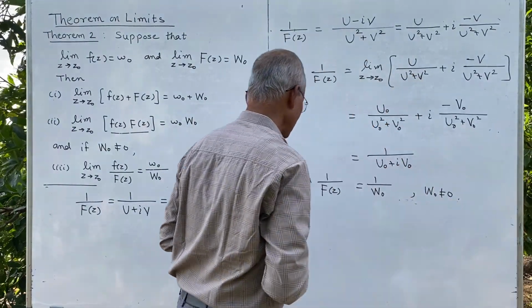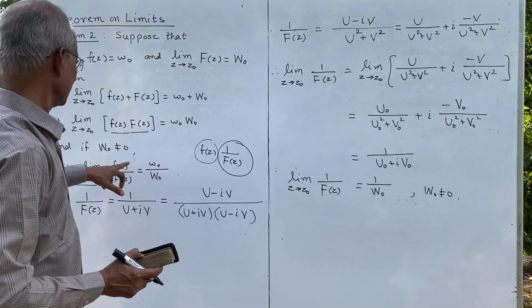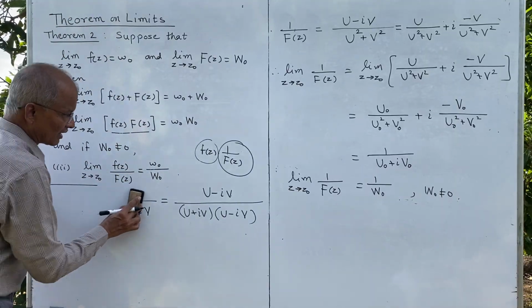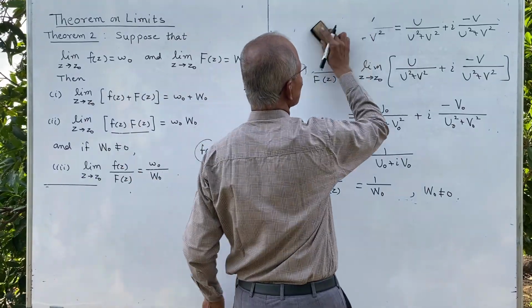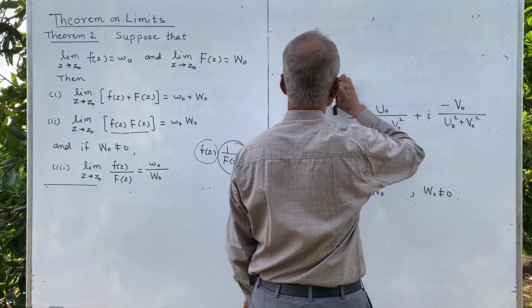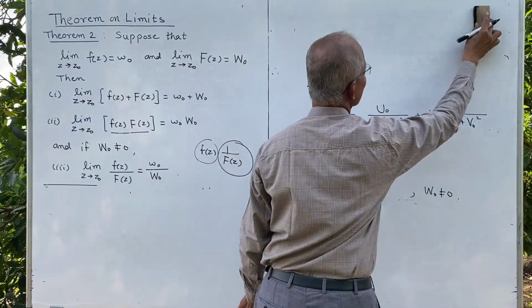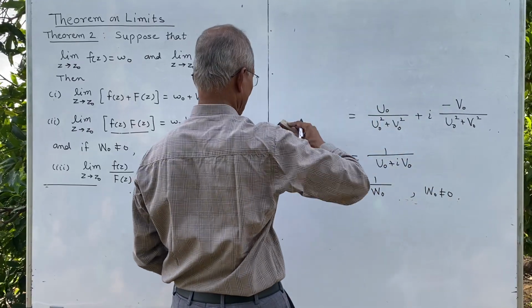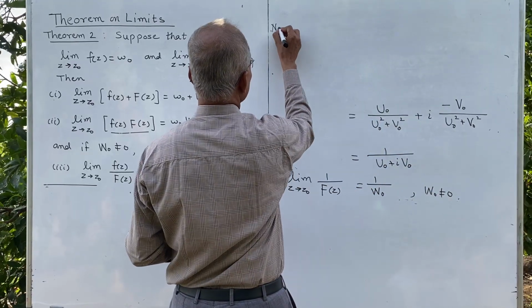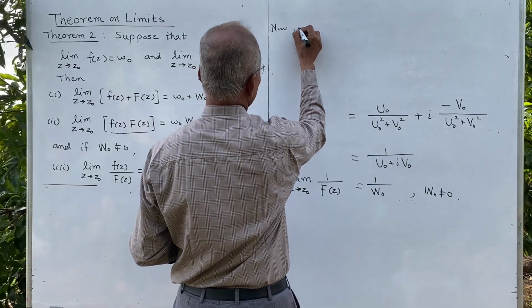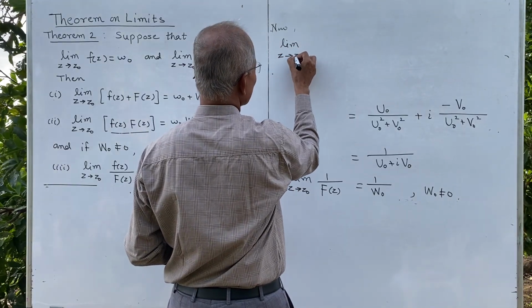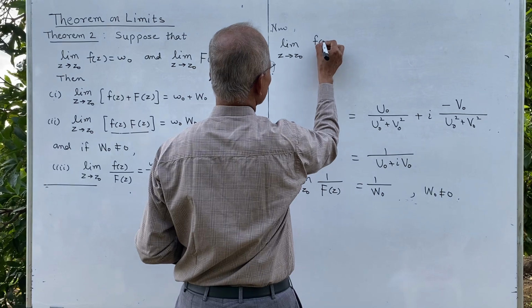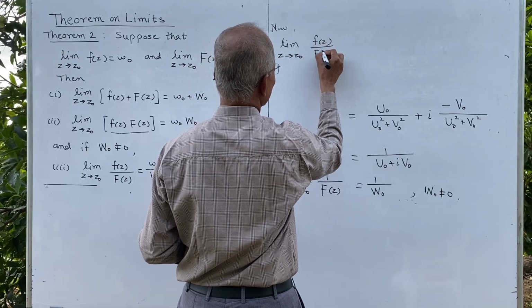And now we will use this result to obtain the limit of quotient. Now see, limit z tends to z naught of small f of z divided by capital F of z.